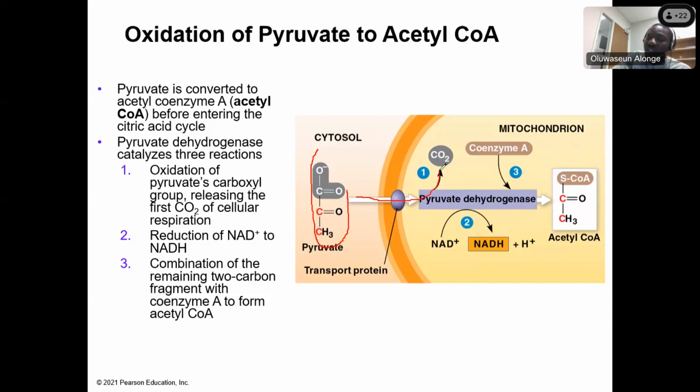One carbon dioxide is lost, and it's lost as CO2 because you breathe in oxygen now, because it's inside the mitochondria. The oxygen will bind to one carbon from the glucose or from the pyruvate, and then it will release the carbon as CO2. So you have breathed out CO2 now.